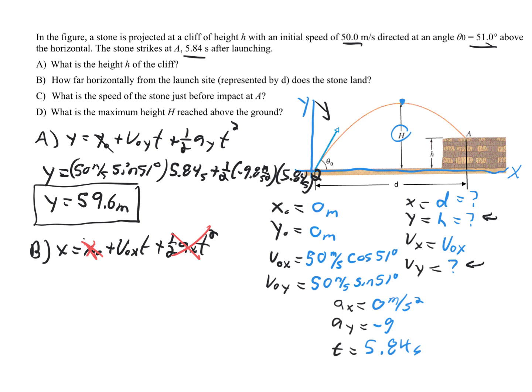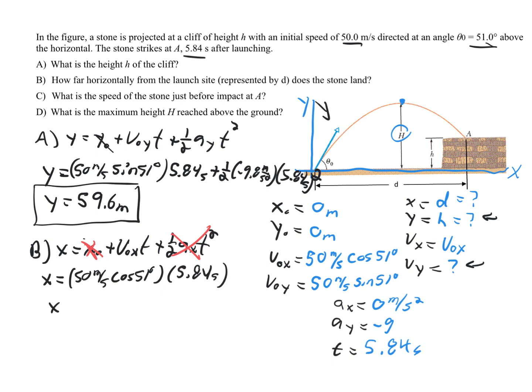So all we're left with is x final, the distance we're trying to find, equals initial velocity times time, which again is the 50 meters per second, times the cosine of our 51-degree angle, multiplied by our time of 5.84 seconds.